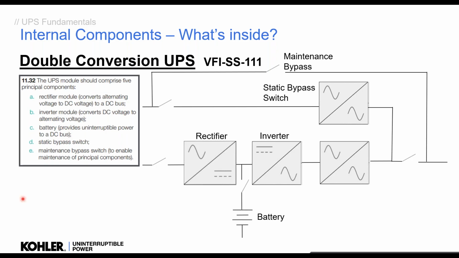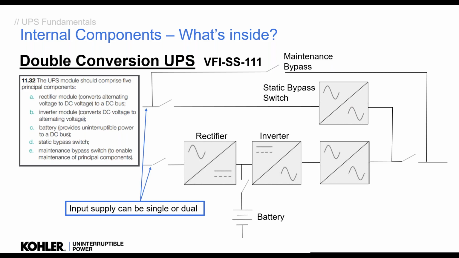So we have the rectifier with the mains coming in, AC to DC, then we convert the DC back to AC using the inverter. The battery is connected to the DC in the middle, and this is where we get dual conversion. And we have a static switch to transfer between online and offline, between inverter and bypass. And we have a maintenance bypass to be able to bypass everything if needed.